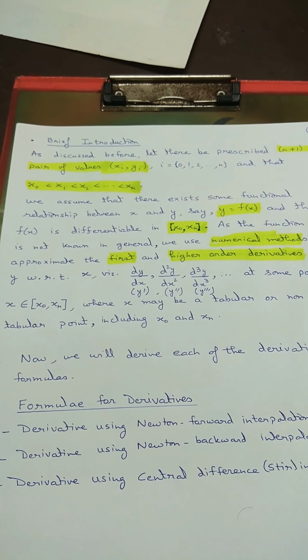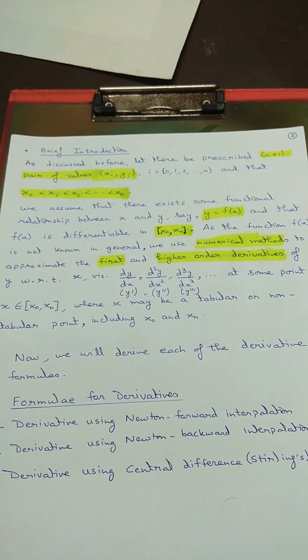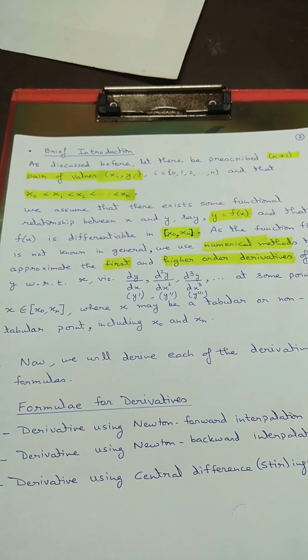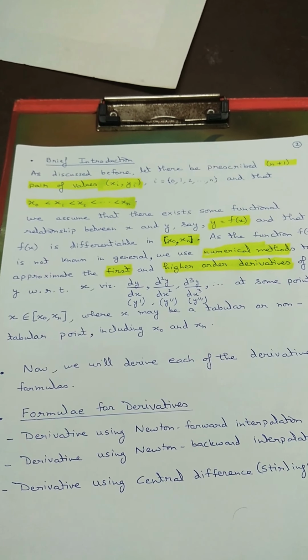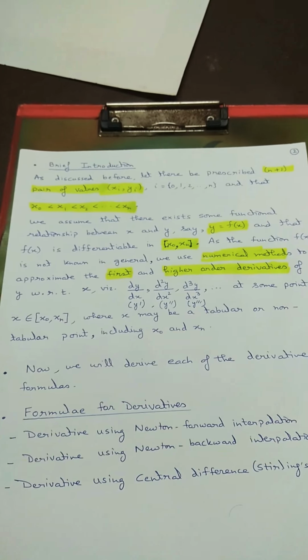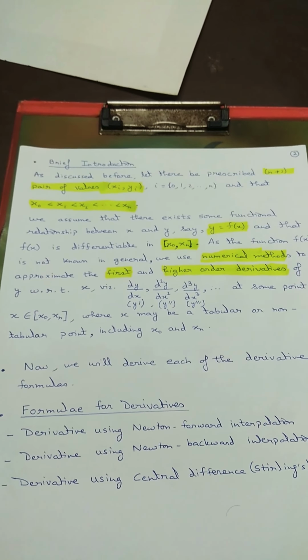A tabular point means the points x0, x1, x2, xn, whereas non-tabular points can lie between x0 and x1, x1 and x2, or between xn minus 1 and xn.